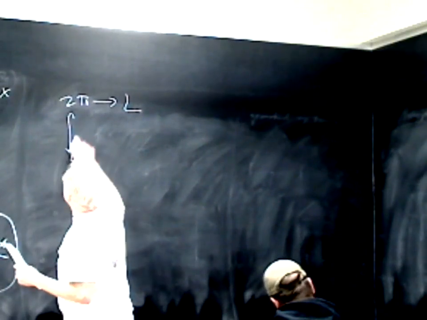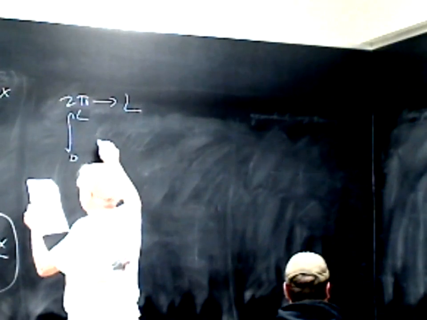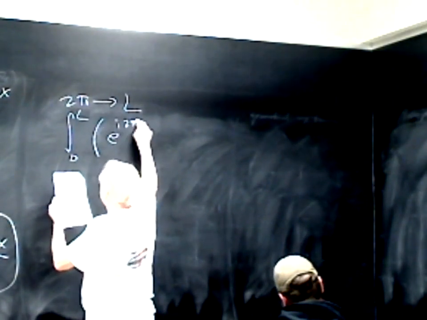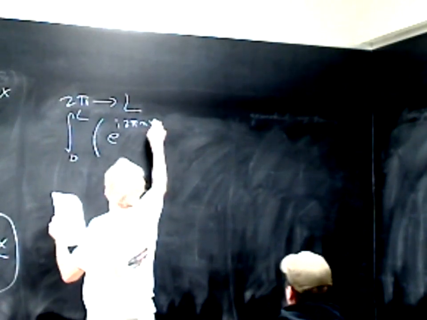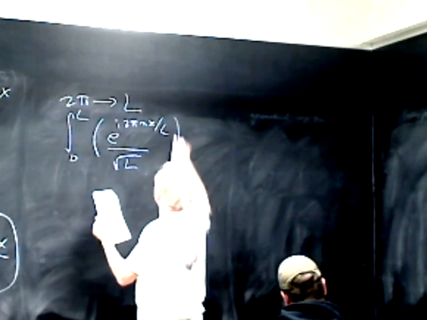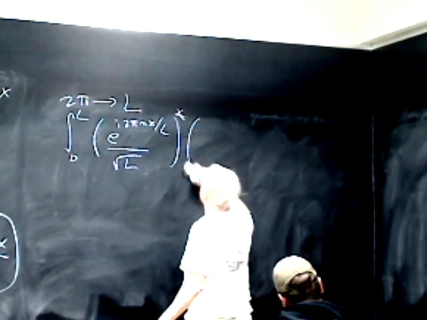So we have, from 0 to L, first orthonormality: the integral from 0 to L of e to the i 2 pi nx over L, over square root of L, complex conjugate. Well, we don't need parentheses.